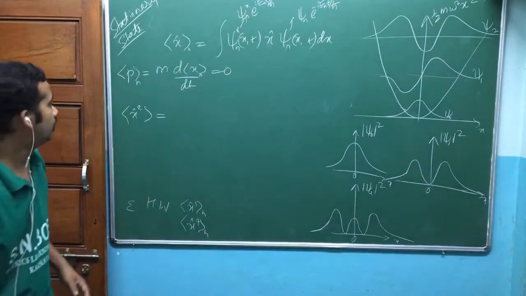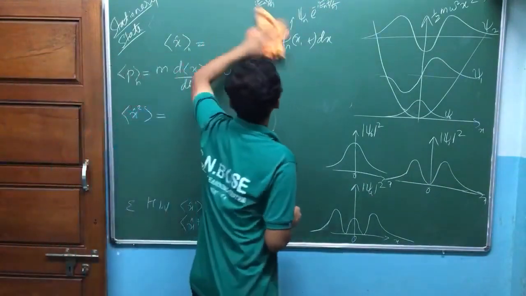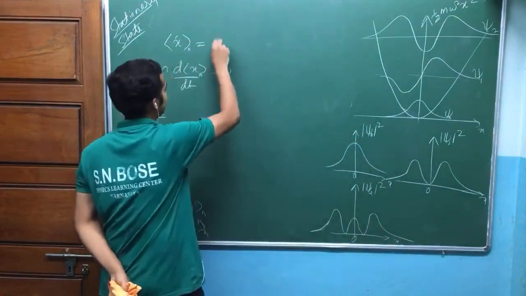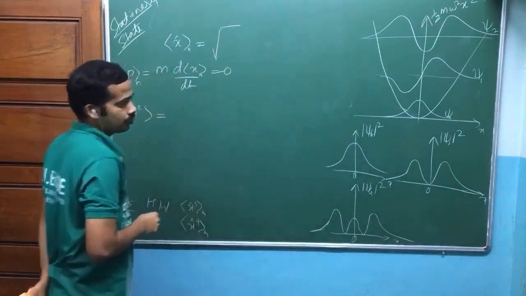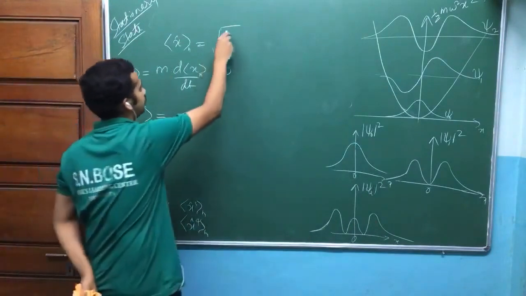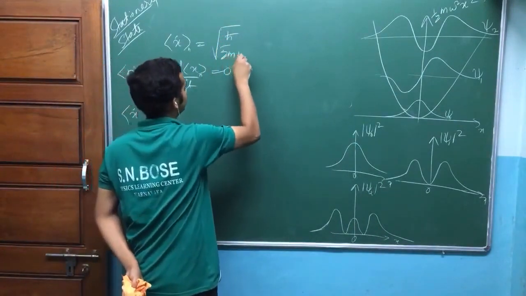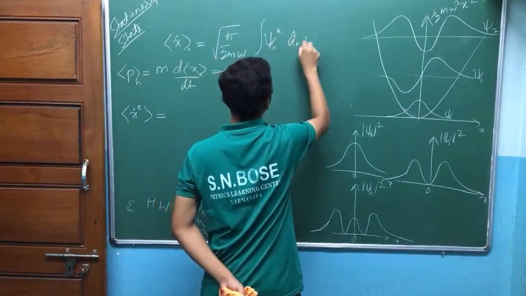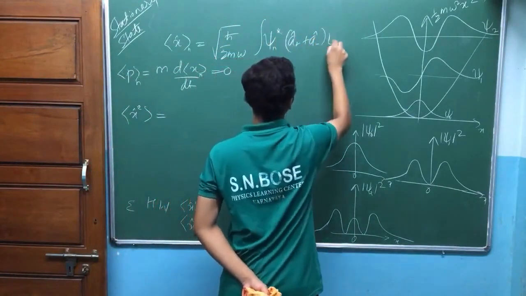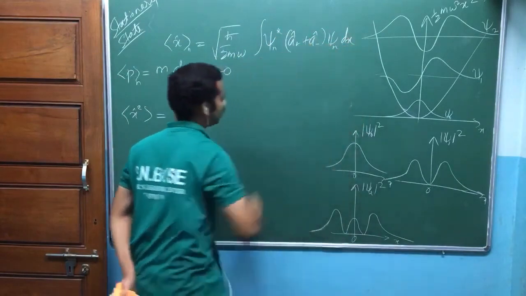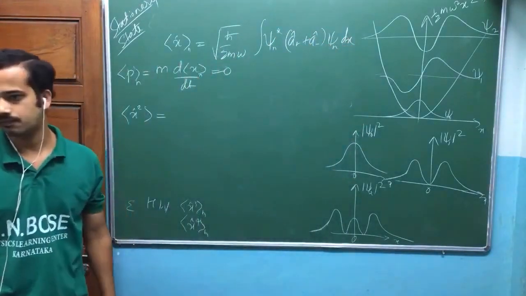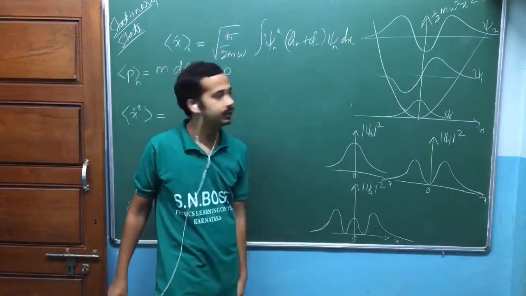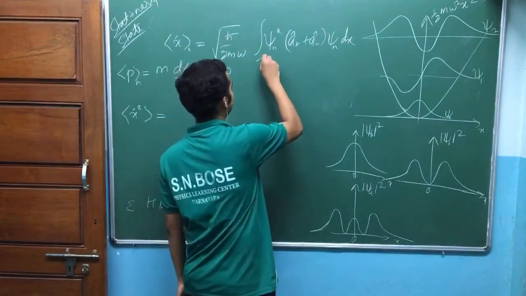Now one more idea. Again, I haven't taken that one. While taking this one, look at here. What is expectation x cap? It is root of h bar by 2m omega, integral psi n star (a plus a minus) psi n dx. Am I right? You can do it in this way also. Expectation of the x cap operator is sandwiched between psi n star and psi n from minus infinity to plus infinity.